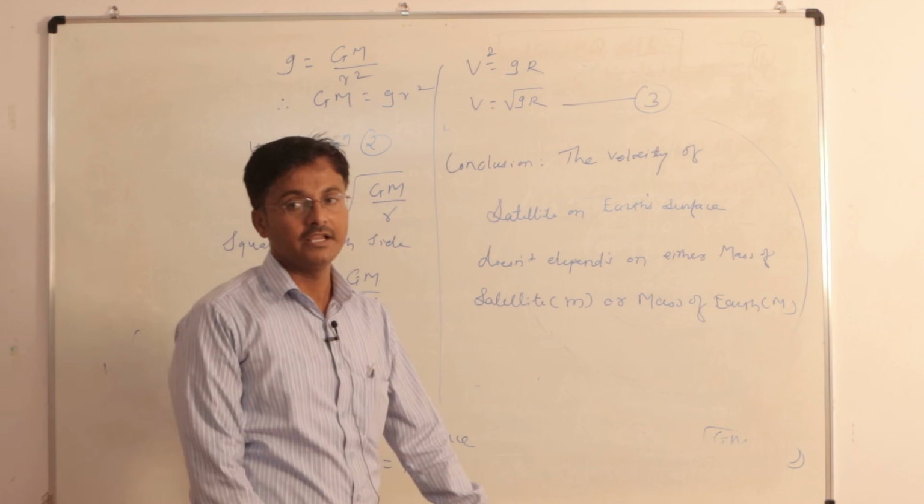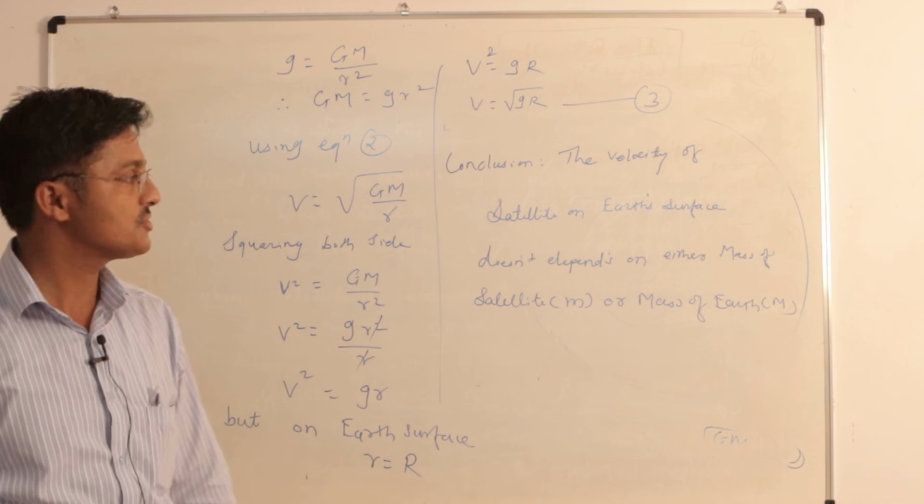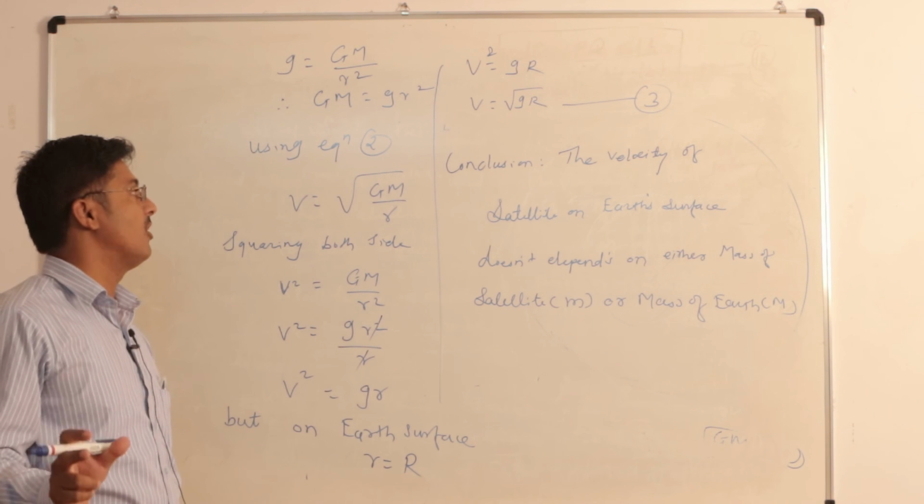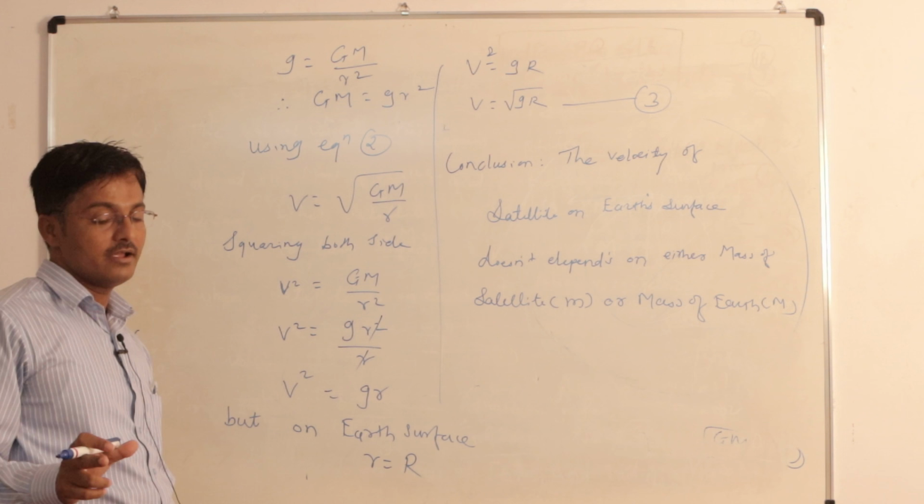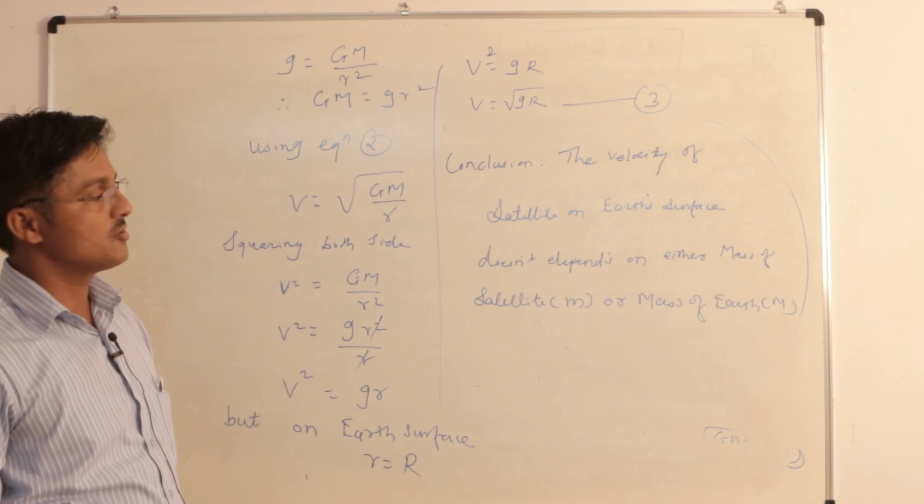So from equation 3 we can say that the velocity doesn't depend on the mass of earth and mass of satellite. So understood this concept.